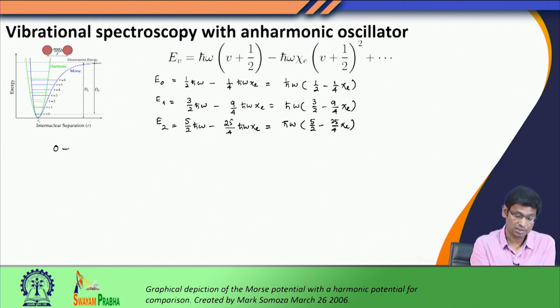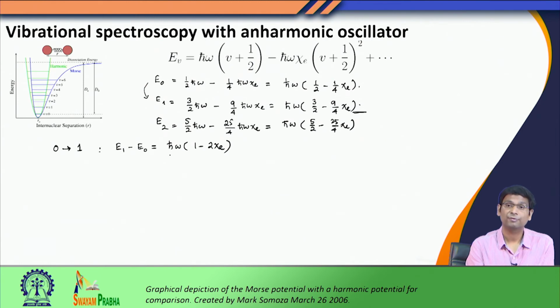If I consider the 0 to 1 transition, E_0 to E_1, to get that I would have to subtract this number from this number. So I am going to get E_1 minus E_0, which is the fundamental transition.